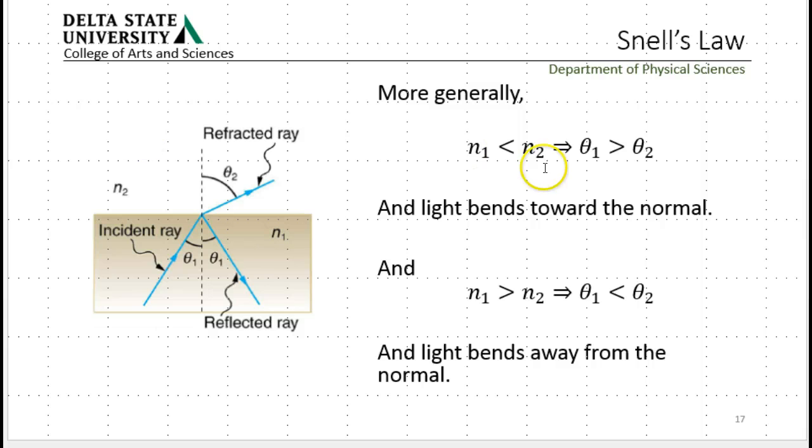So we can generalize this. If n1 is less than n2, then theta 1 is going to be greater than theta 2. If n1 is greater than n2, then theta 1 is going to be less than theta 2, and that would be what's drawn here.